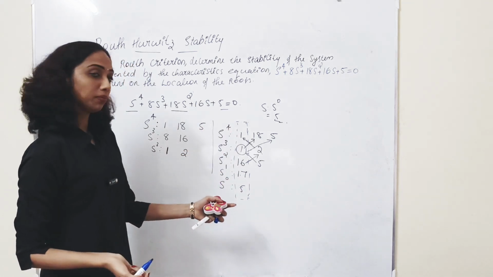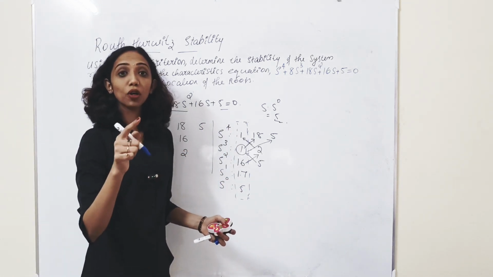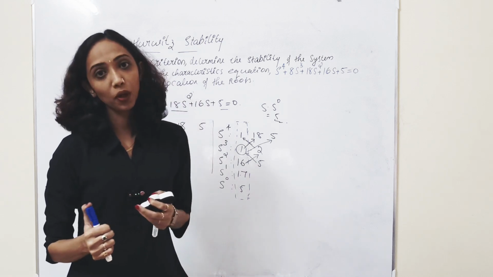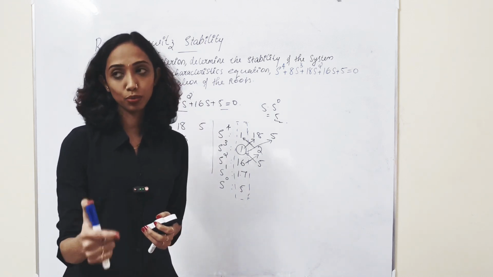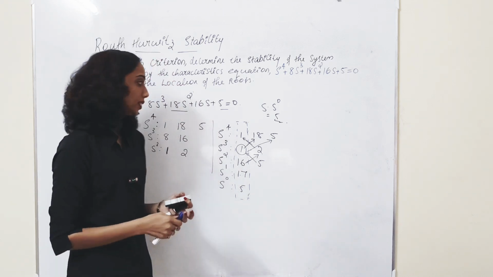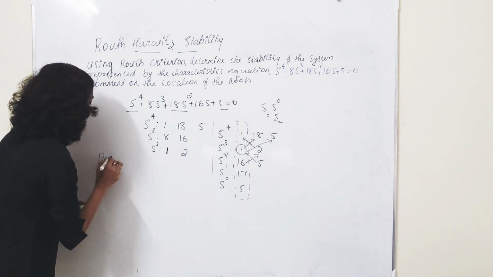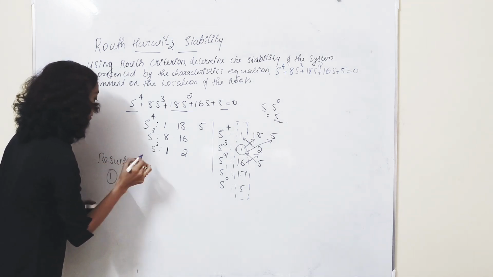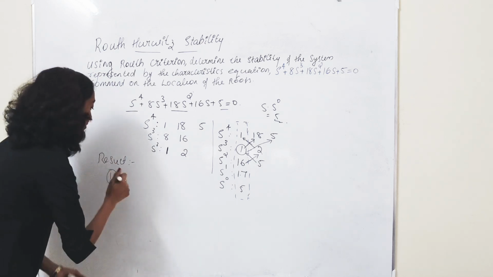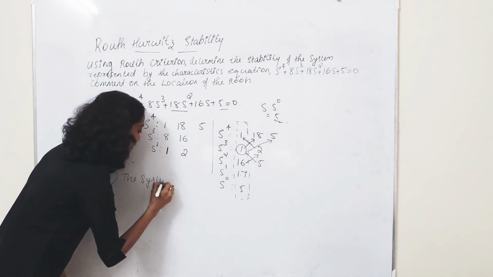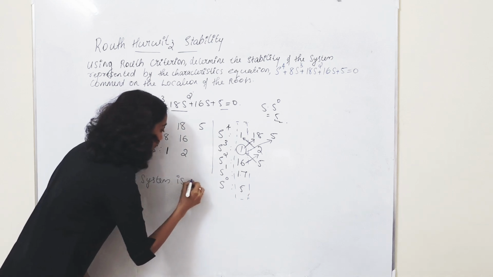In this first column numbers, all the numbers are positive, right? All the numbers are positive. If all the numbers are positive, then the system is said to be stable. First, you have to write this result: the system is stable.